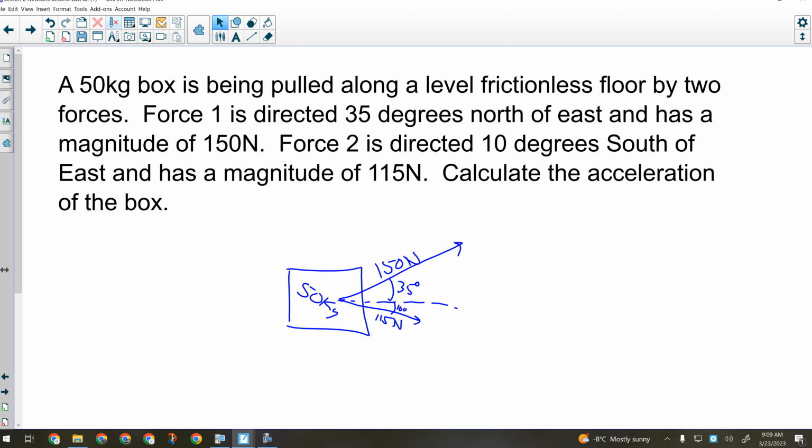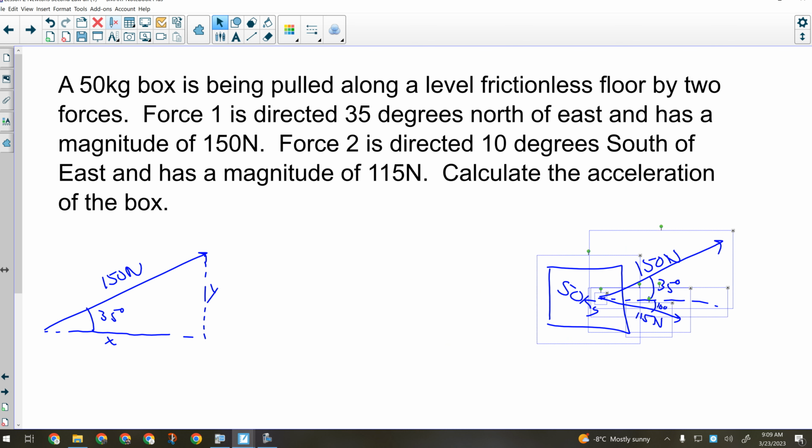What do I need to draw now? I've got to draw vectors tail to head, get my triangles, so that I can get the vector sum of these two forces. My first force is the 35 degree one, 150 newtons, 35 degrees, this will be X, this will be Y. Then I move my free body diagram over a little bit so it's not in the way. I'm going to change colors, and here's east again.